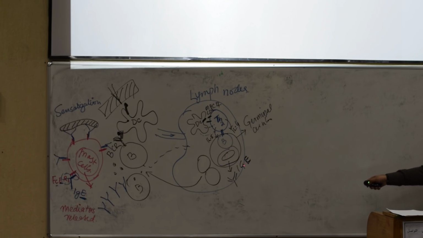If IgE is produced, it goes here, it binds to the mast cell, only then the mast cell will recognize the allergen. If IgE is not produced, even if allergen is there, it will not cause degranulation of the mast cells. So the presence of IgE is very important to bind to the mast cells, and then it will cause degranulation.